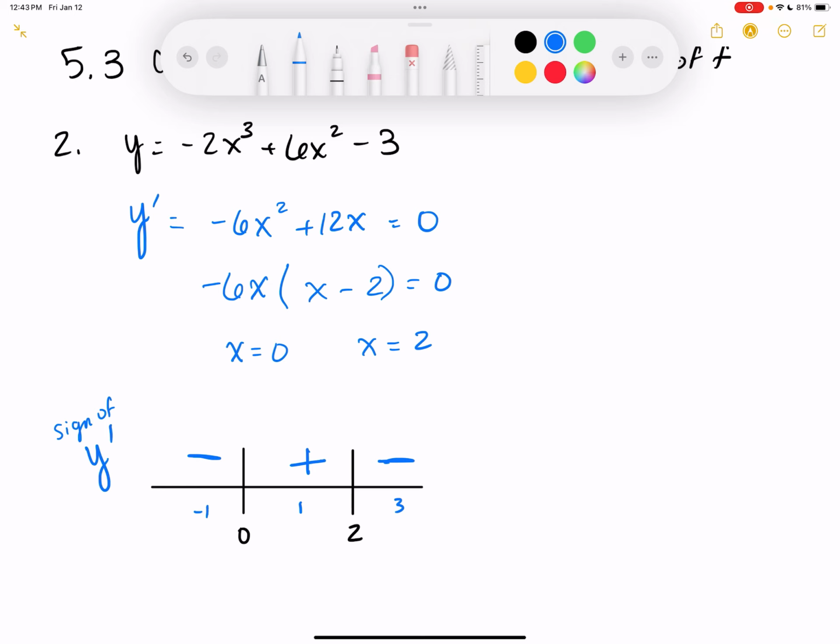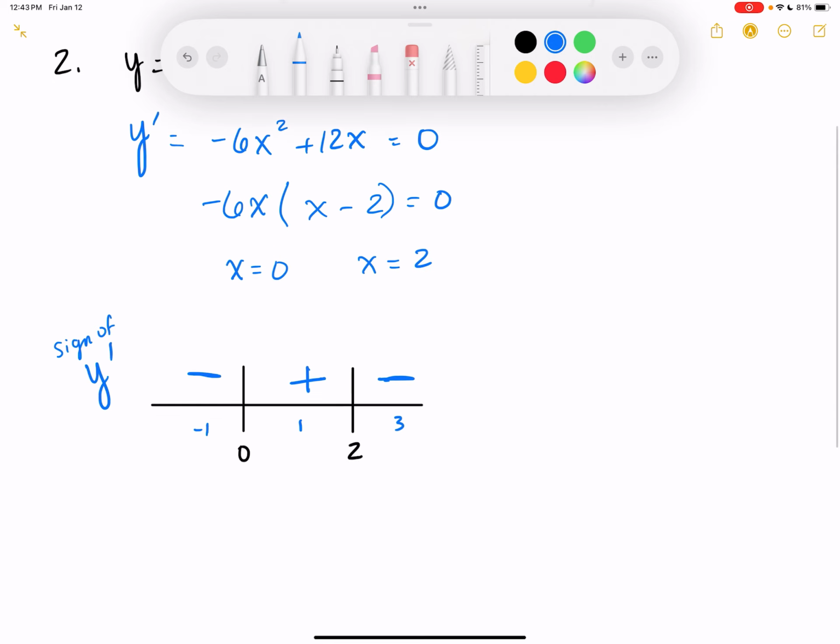All right, so if we go from negative to positive, what is 0? Is it a min or a max? Min. Okay, so there's a local min at x equals 0, and we'll find what the actual point is in a minute.